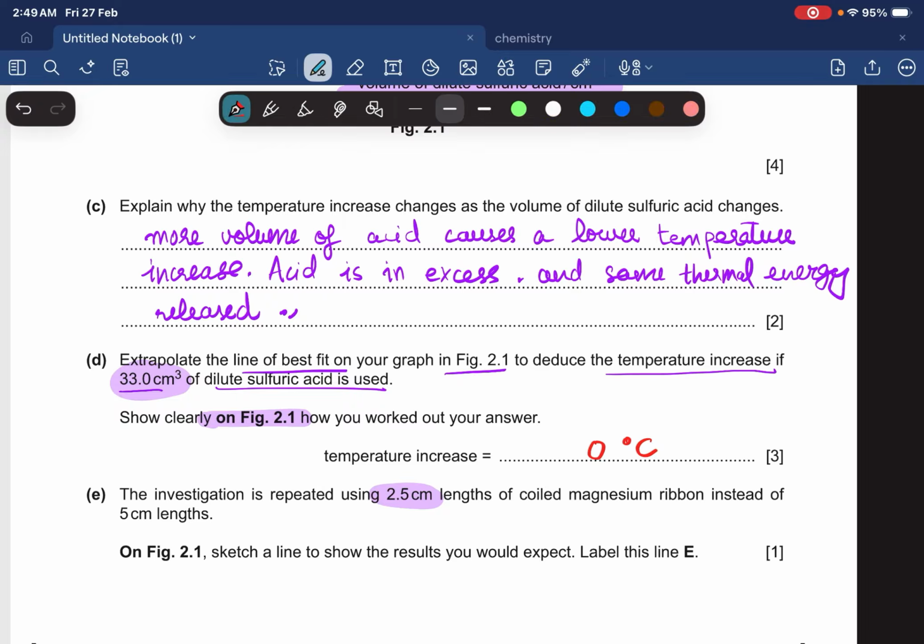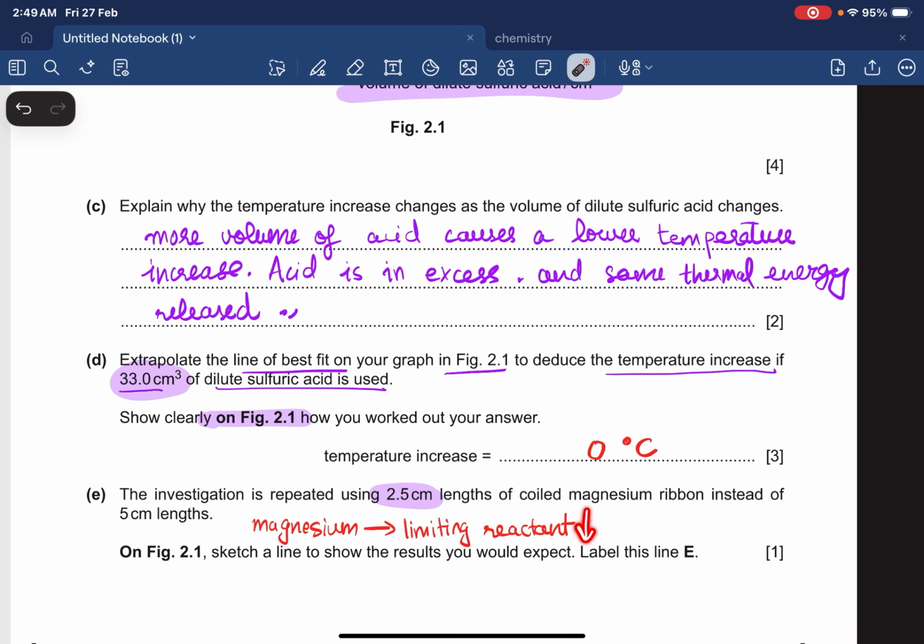Acid is in excess, and we know that if acid is in excess, then magnesium is the limiting reactant. And if magnesium is the limiting reactant and you decrease the amount of your limiting reactant, your product depends on the amount of your limiting reactant. And if you decrease the limiting reactant, your product is going to decrease, right?